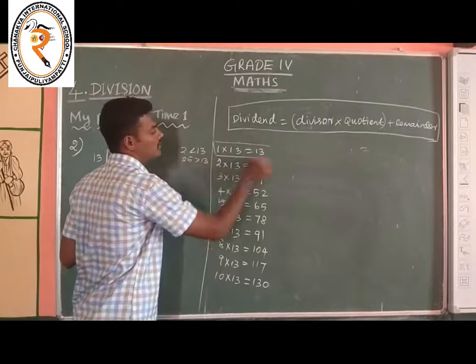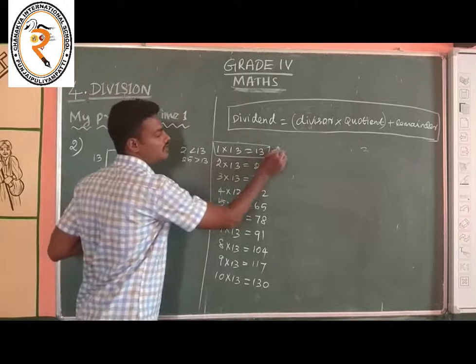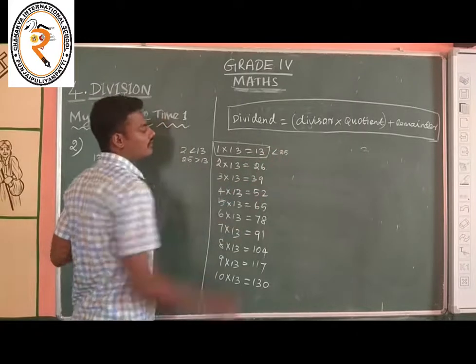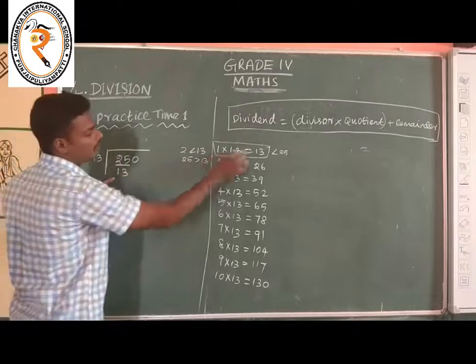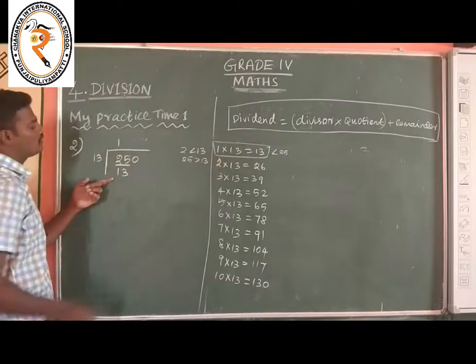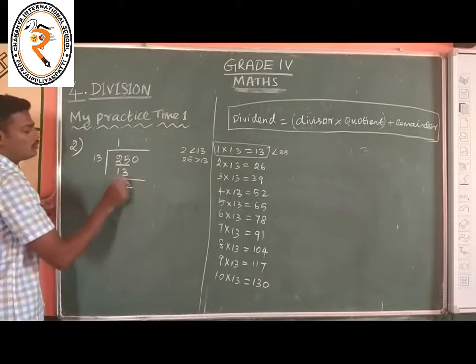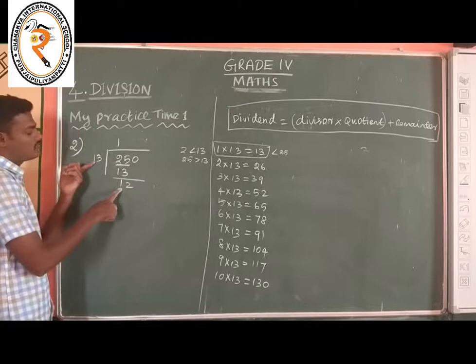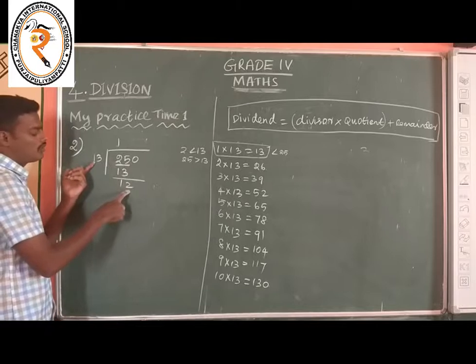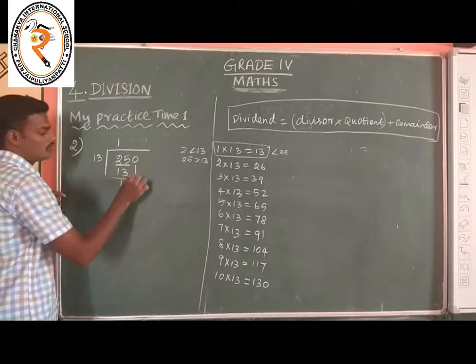So the last lesser value is 13. 13 in the 13th table, how many times? 1 time, in the quotient we write 1. So we subtract 25 minus 13. 5 minus 3, answer 2. 2 minus 1, remaining 1. Next, 12: we selected 1, which is less than 13, and we select the 2-digit number 12, which is also less than 13. So we bring down the value 0 here.